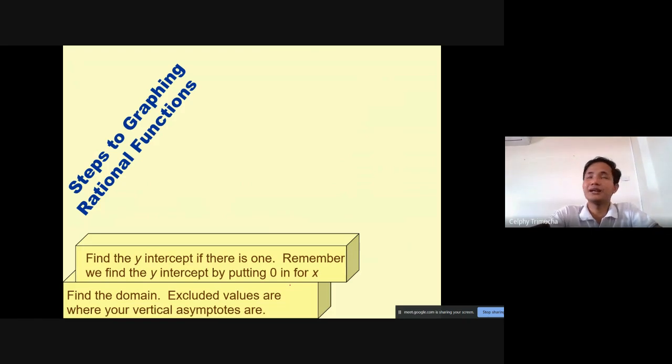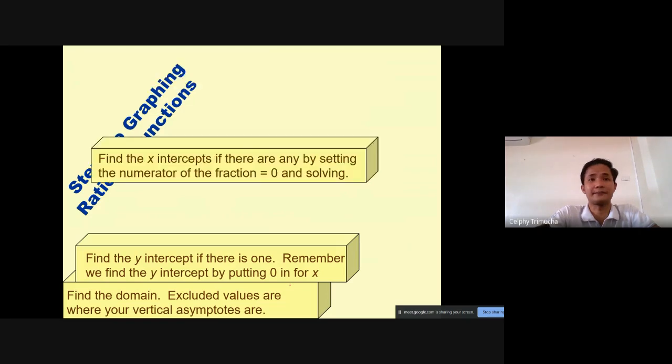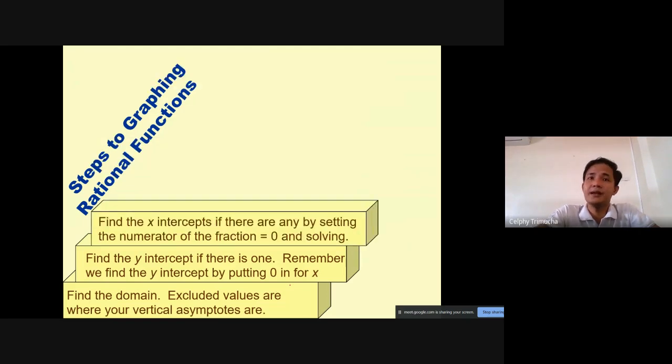Next, we find the y-intercept, if there is one. Remember, we find the y-intercept by letting x equal 0. Next, we find the x-intercept, if there are any, by setting the numerator of the fraction equal to 0 and solving.